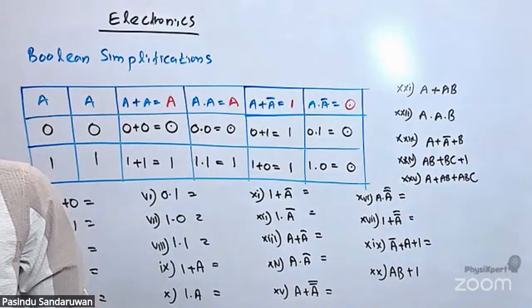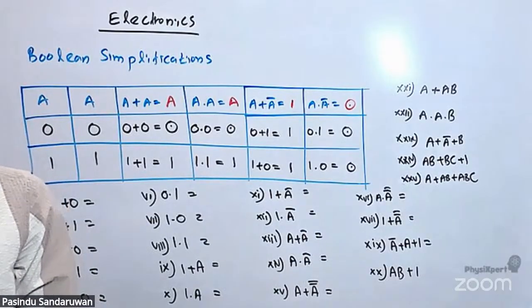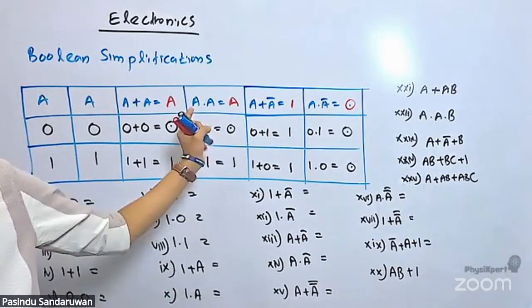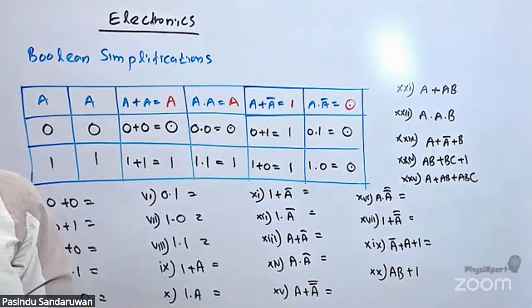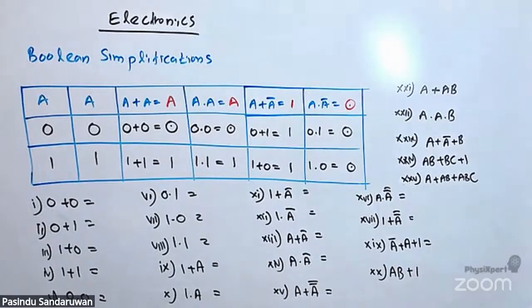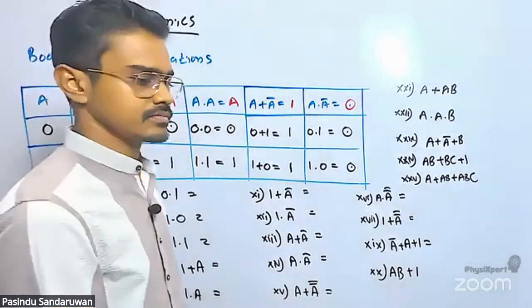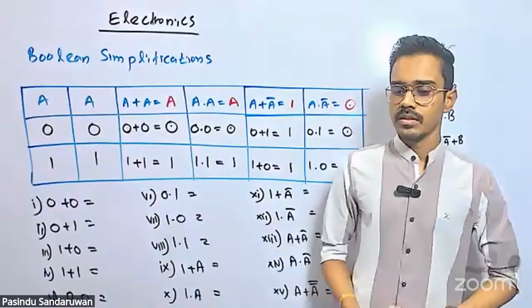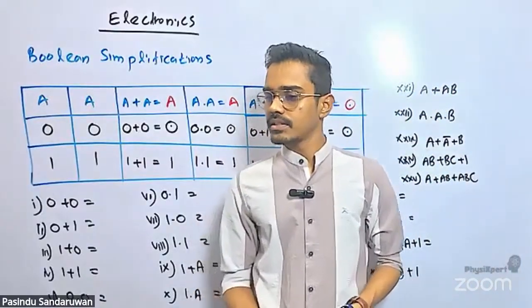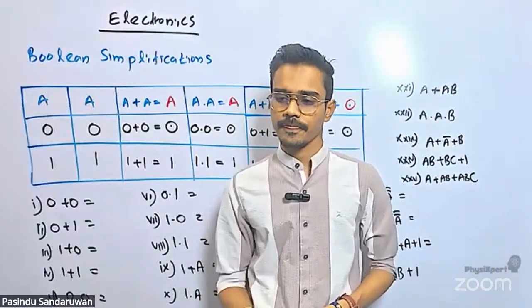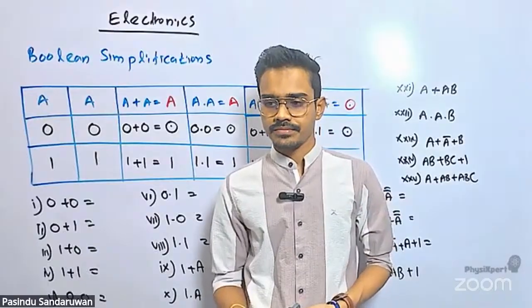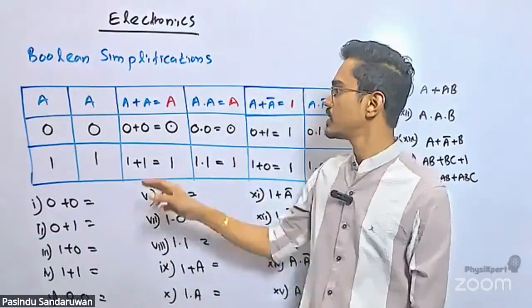I mean for the values of A. This is an example I used. Example I gave. So all the answers in this will be 0. No. There can be this kind of ones also.